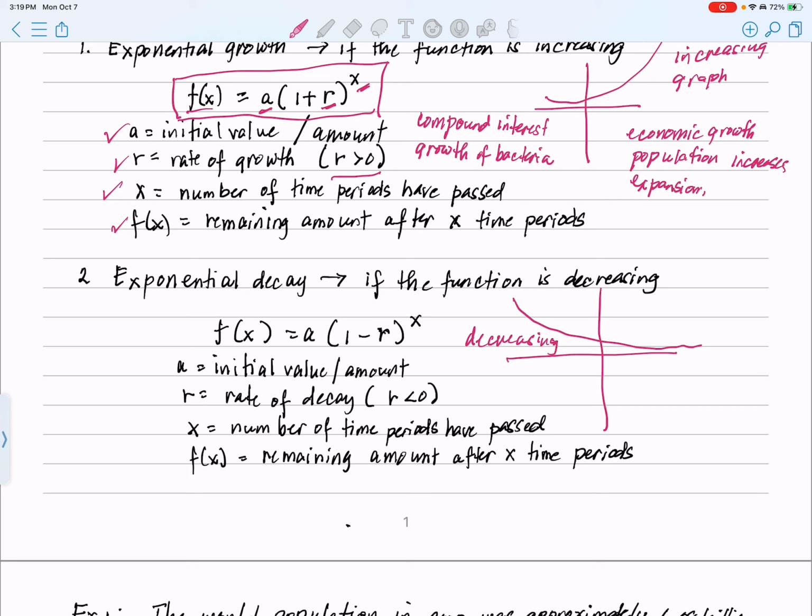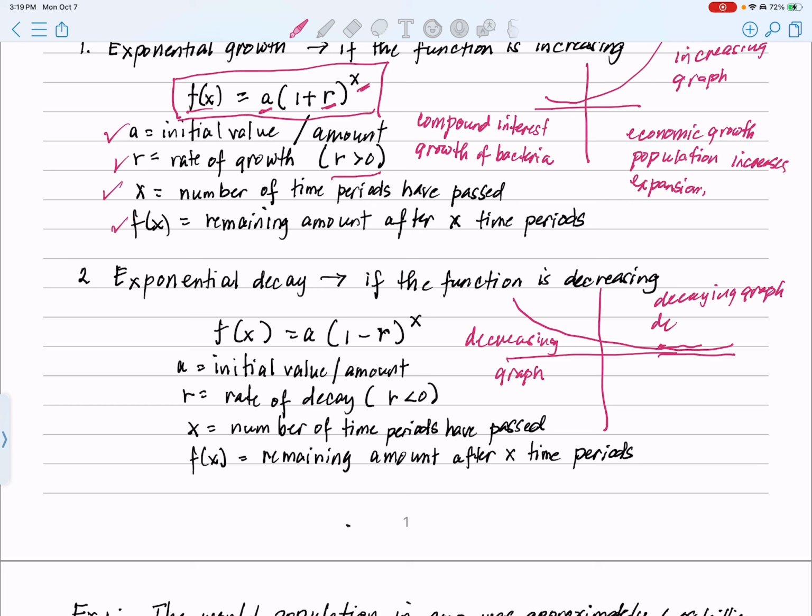Our function is decreasing and fades gradually. When it reaches the x line and touches the line, it gradually fades. So an exponential decay function has a decaying graph. So you say decaying graph. Actually, this is the term for a decreasing graph.